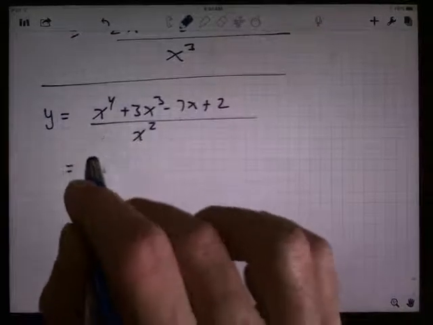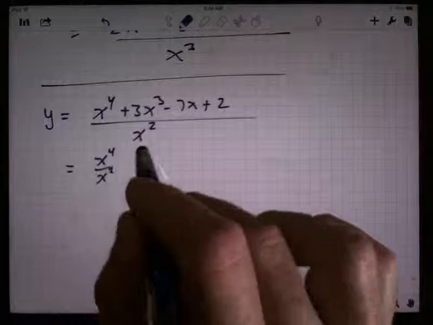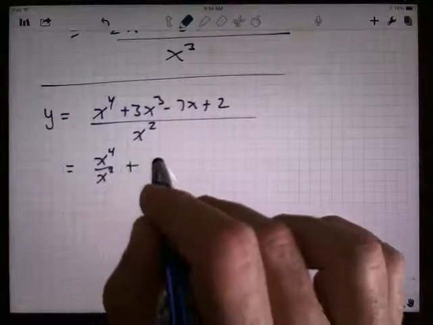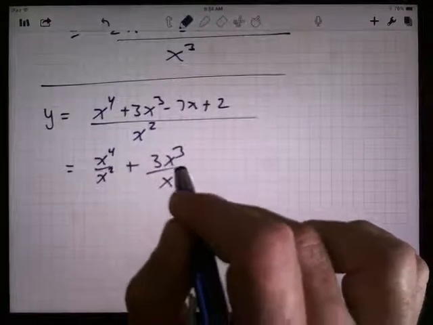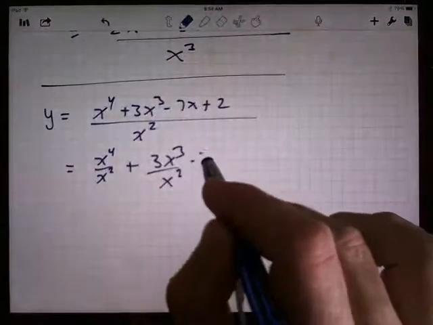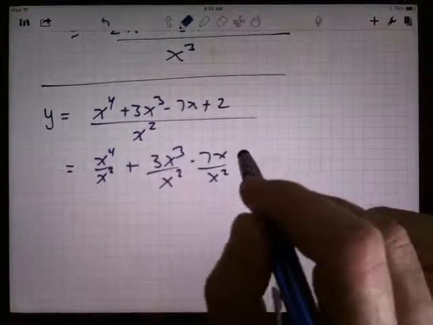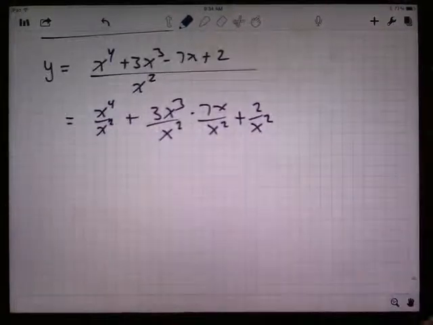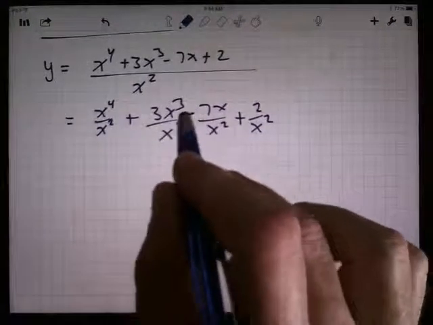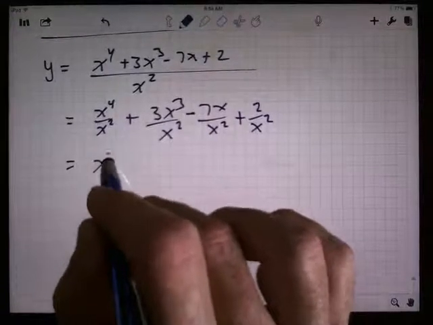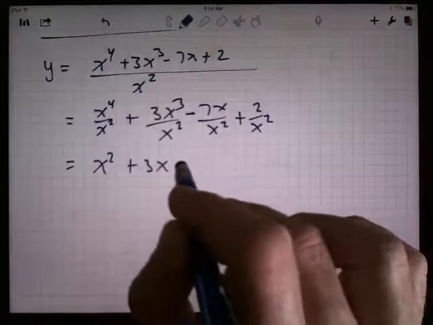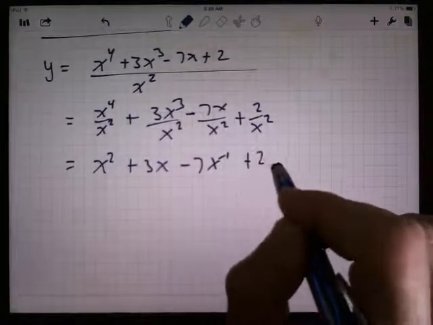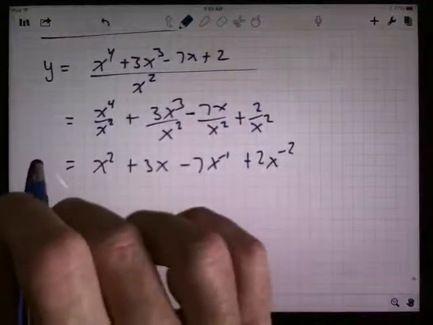So I'm going to rewrite this as x to the 4 over x squared. I'm distributing the 1 over x squared into this. So plus 3x cubed over x squared minus 7x over x squared plus 2 over x squared. And then there's stuff that cancels here, because this is x squared plus 3 times x minus 7x to the minus 1 plus 2x to the minus 2, and now that's still y.